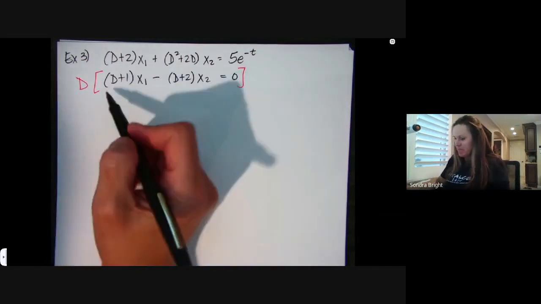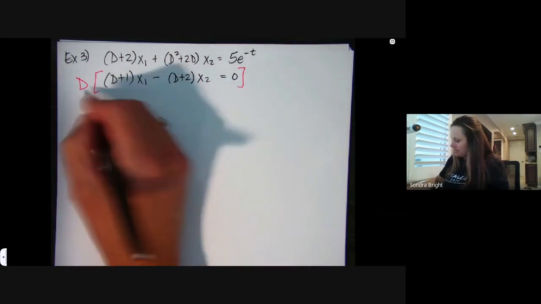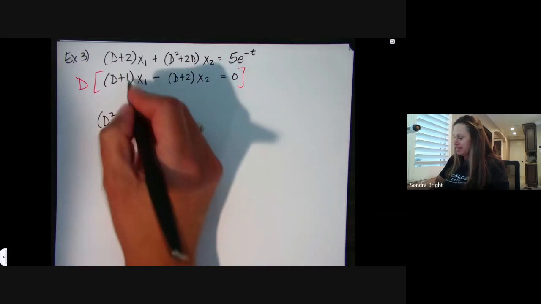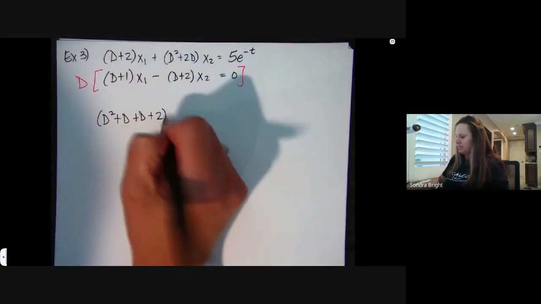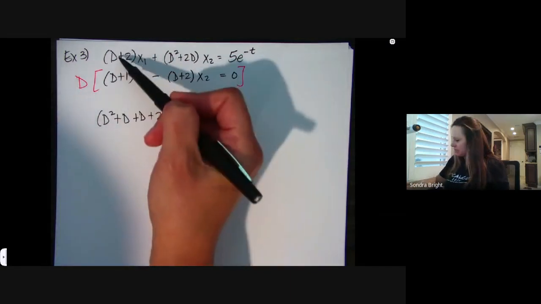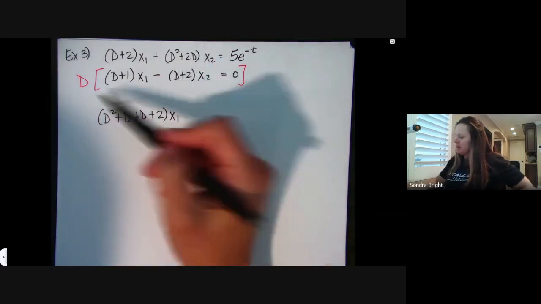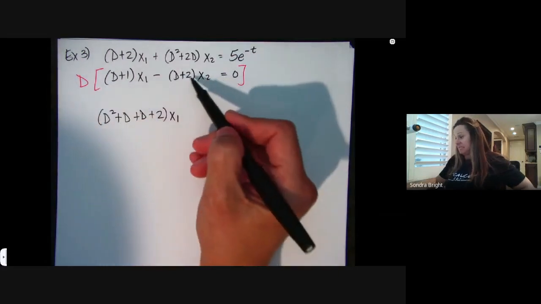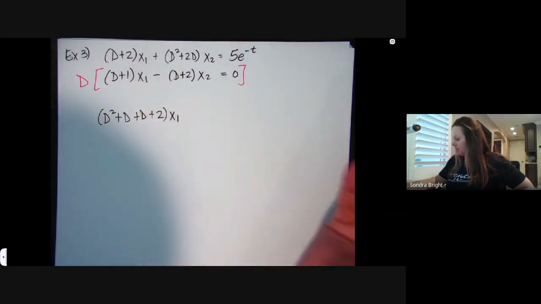So this would give me d squared plus d plus the d plus 2. I multiplied the d times the d plus 1, and then I added it to d plus 2. That's operating on x1. When I operate the d on the d plus 2, I'd have d squared plus 2d, and this guy's positive, and that one's negative, so those guys cancel out.